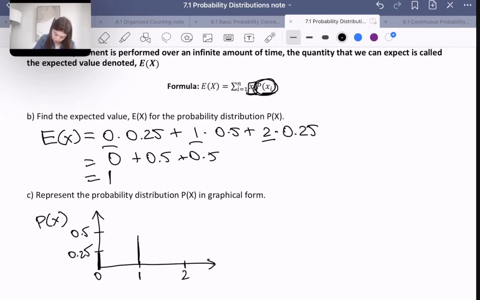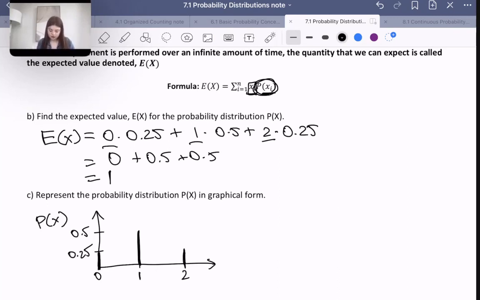So there's our graphical form, where the 0 and the 2 come up to 0.25, and the 1 comes up to 0.5. So it's twice as likely that we get a 1 than that we get a 0, or twice as likely that we get a 1 than we get a 2 as well.